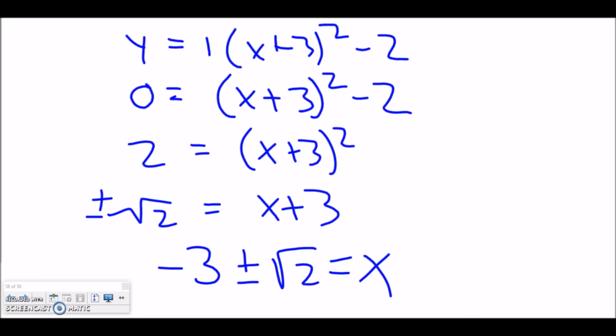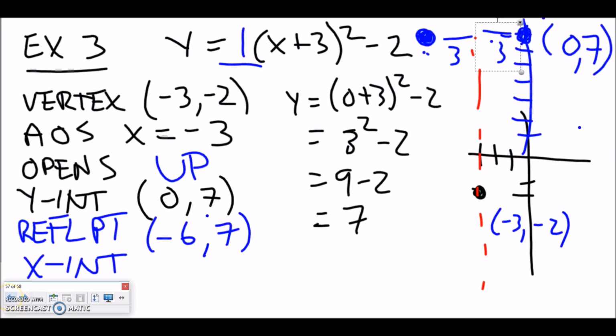Now we can get some actual answers. And we get -1.59 and -4.41. Those are the steps for graphing our parabolas.